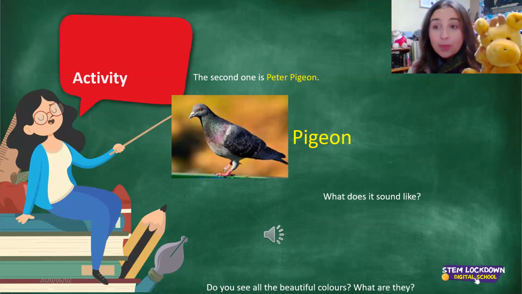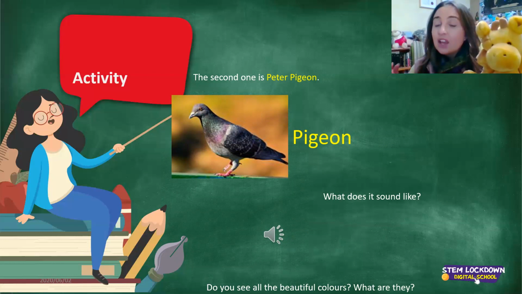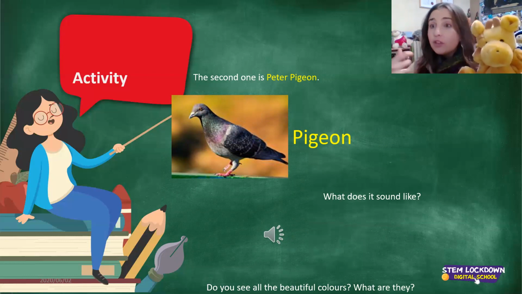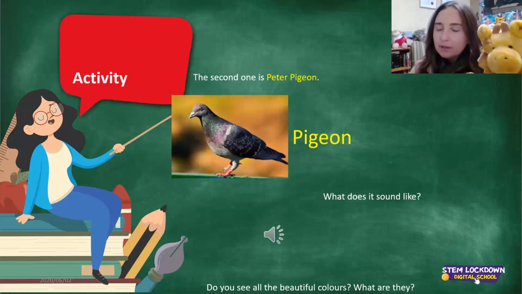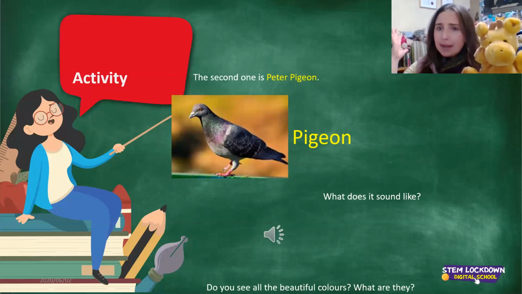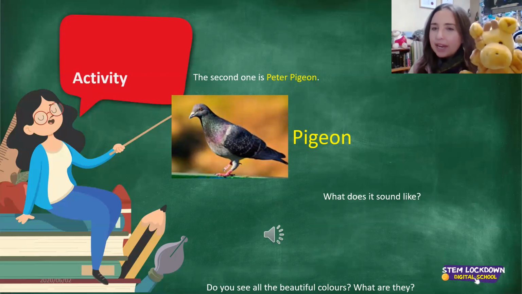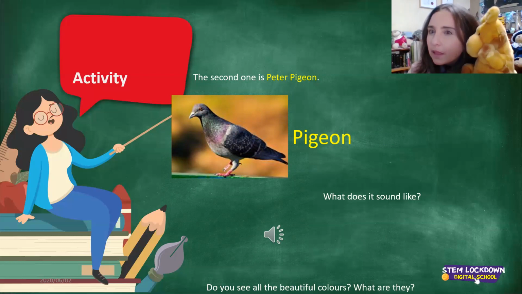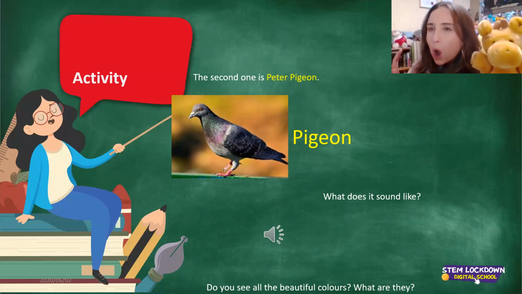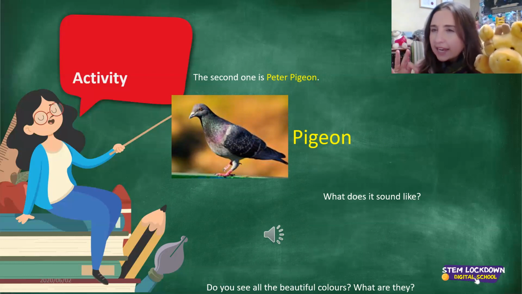Wow, have you heard that before? Pigeons are all over South Africa, so you must just look out carefully for them. And normally we throw them a little bit of crumbs and bread, and then there are many, many of them. So this pigeon, what colors can you see? I can see, yes, purple and some greens and some whites.